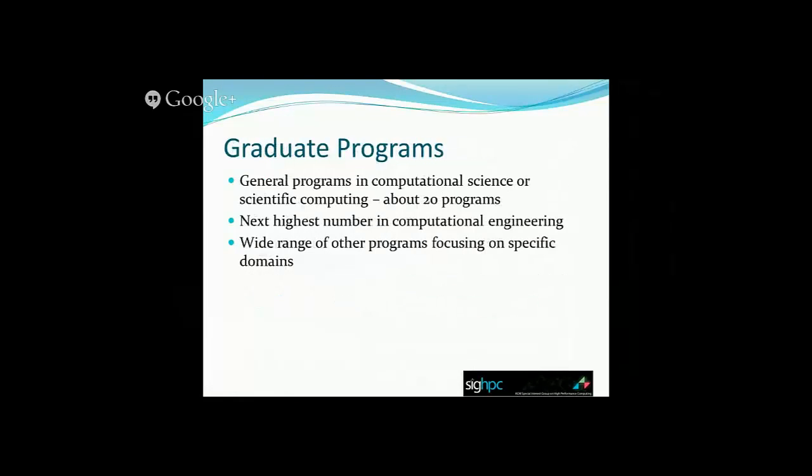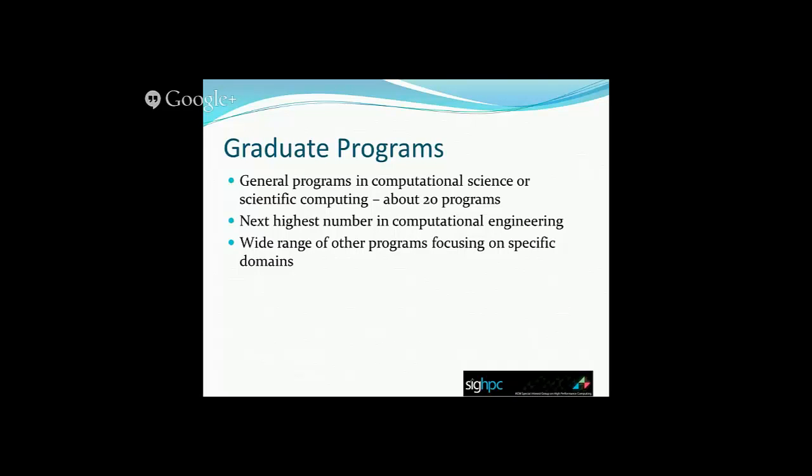So as I move on to graduate programs, there are a number of programs in computational science and scientific computing, about 20 that have that broad scope, that are interdisciplinary across multiple science and engineering domains. The next highest number of programs is in computational engineering, so that they focus entirely on engineering-related questions in computational science.